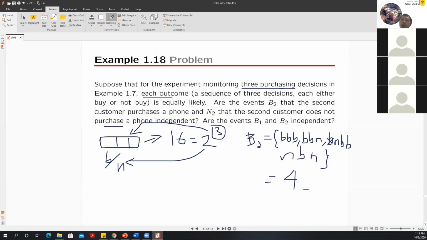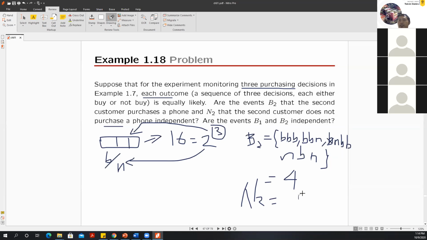Okay, good. And also, we have to identify N2, which means that the second customer must not buy.